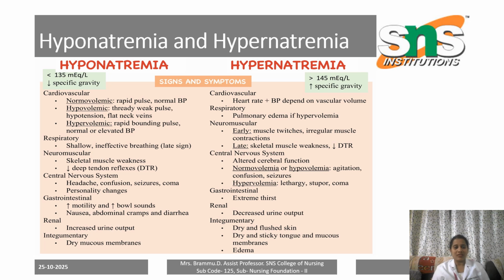the cardiovascular system. In the cardiovascular system, some patients have a normal volume, might be 2.5 to 3 liters of blood being maintained, then we call it normovolemic. In those cases, even though they may develop hyponatremia, if you take the pulse, it is very much rapid, and the BP is normal.